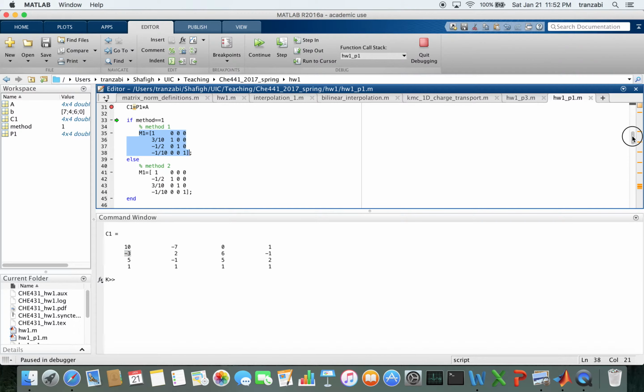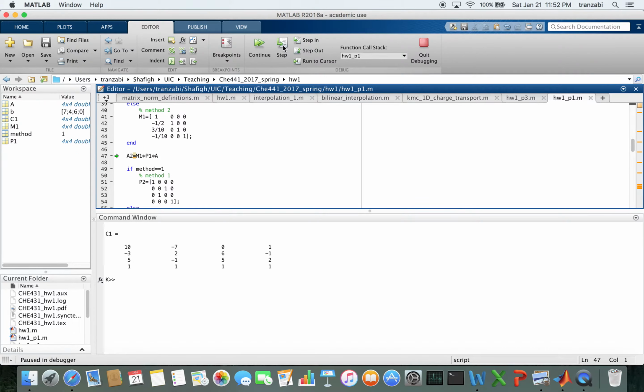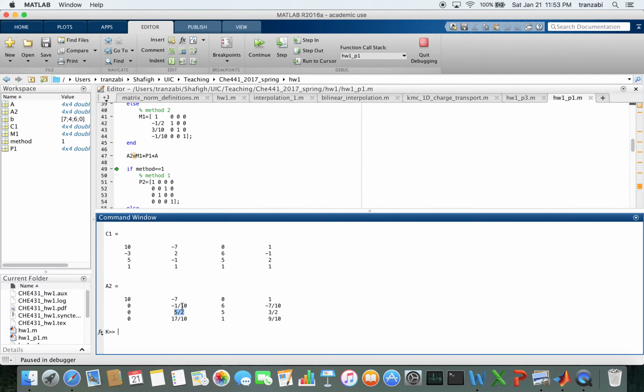Now, if you do that, what you get is the following. So now, when you multiply M1 by P1 by A, you should get zeros, as you can see here in the first column. In the next step, we look at the second column and bring the maximum element to the diagonal. The maximum element is 5 over 2. We switch row 2 and row 3 such that 5 over 2 comes to the diagonal.